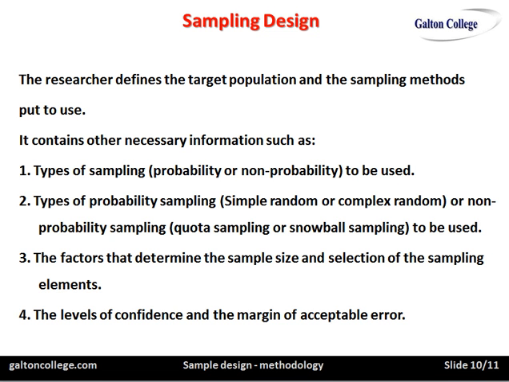So what we've got here on the slide is the essentials of the sampling design technique. Should it be probability sampling or non-probability sampling? If it is probability sampling, what sort of probability sampling? Simple random sampling, complex random, quota sampling, sequential sampling? How should it be done? If it's non-probability, how should that be done as well?